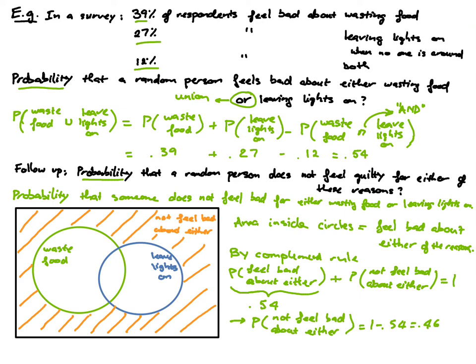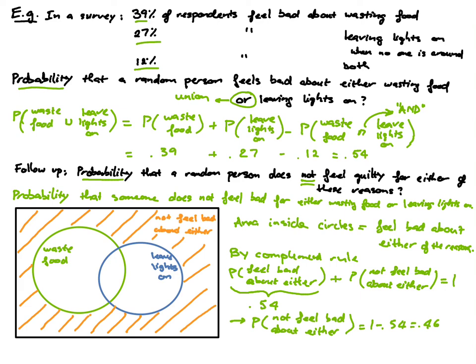So the key here is to correctly identify that we're interested in the area outside of the two circles. Why? Because being in either of the two circles means that a person feels bad about either wasting food or leaving lights on, right? And the probability that we want is the probability that a person does not feel guilty or does not feel bad about either.